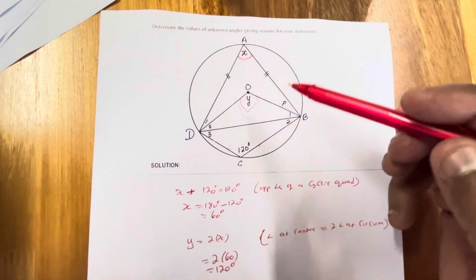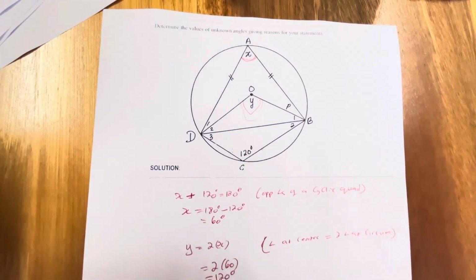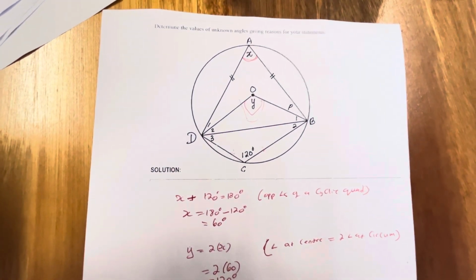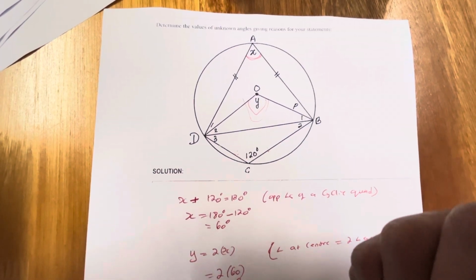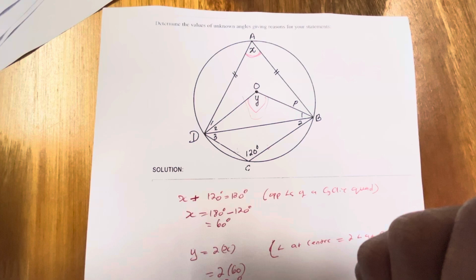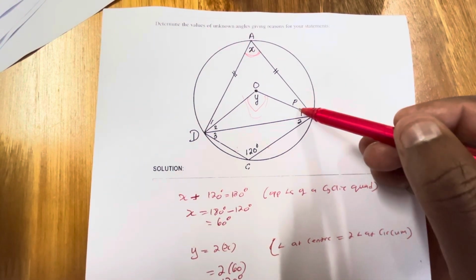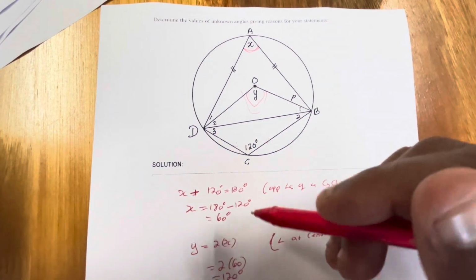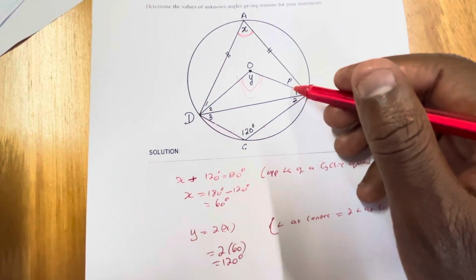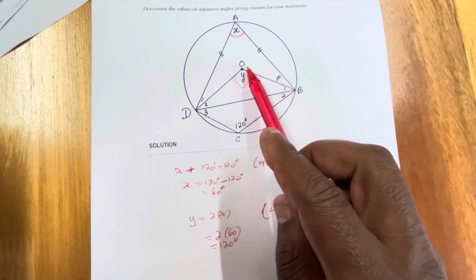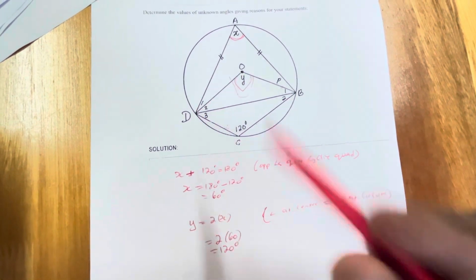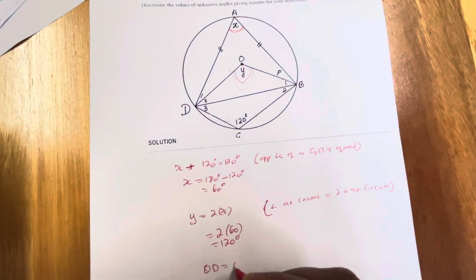Let's try to determine P. For P value, we need to determine B1. Firstly you're going to say OD is equal to OB.